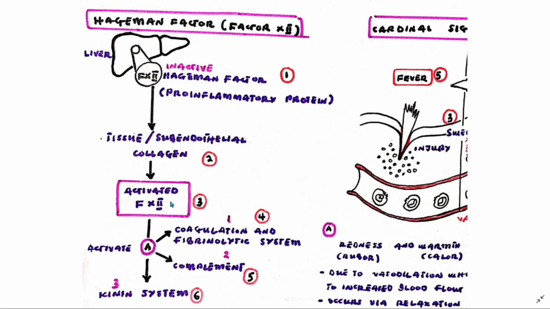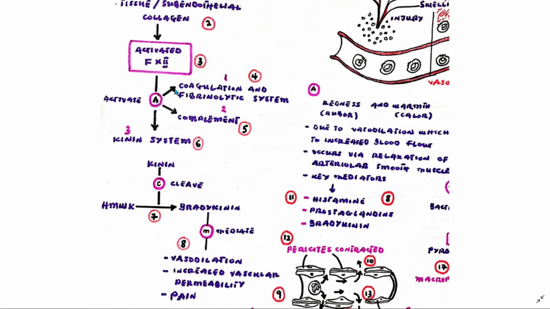Once factor 12 is activated, it goes on to activate the coagulation and fibrinolytic systems. It also activates the complements as well as the kinin system. Kinin helps convert high molecular weight kininogen into bradykinin, and bradykinin causes vasodilation, increased vascular permeability, and it also induces pain.